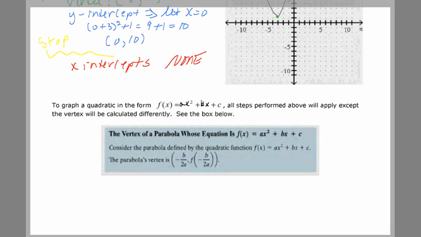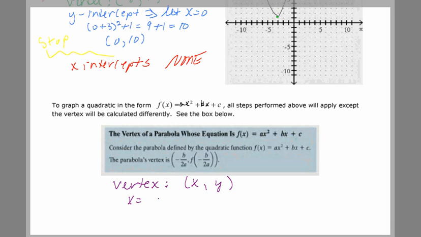I don't have it in that format, so I have to have an alternate way to find my vertex. And this is just a quick little formula to find the vertex for a quadratic that happens to be in this format. And remember, a vertex is an ordered pair, x comma y. So we have to find both values.